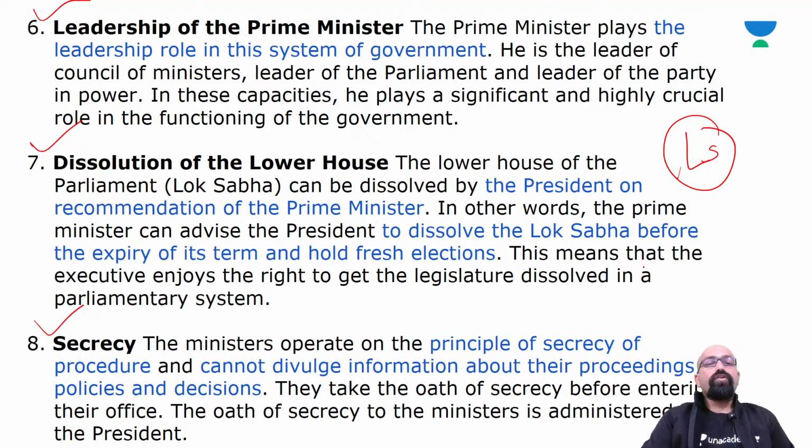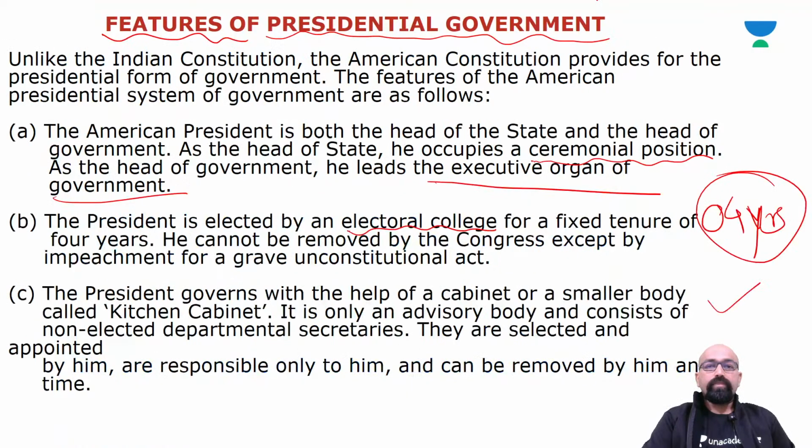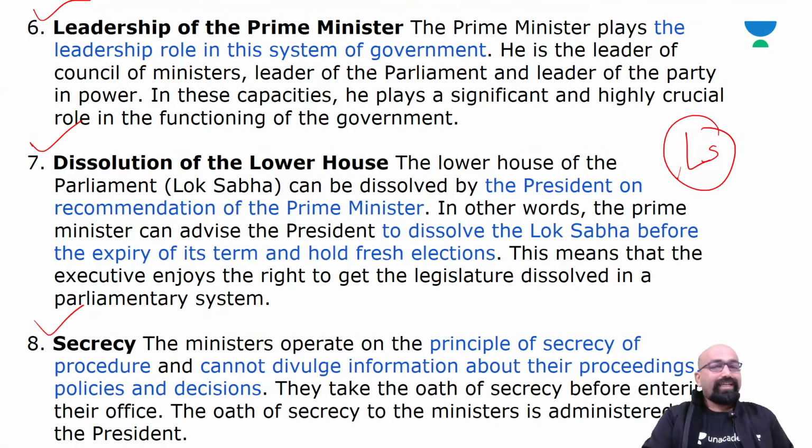Then dissolution of the lower house. Yes. Which means the prime minister can advise the president to dissolve the Lok Sabha before the expiry of its term. Secrecy.